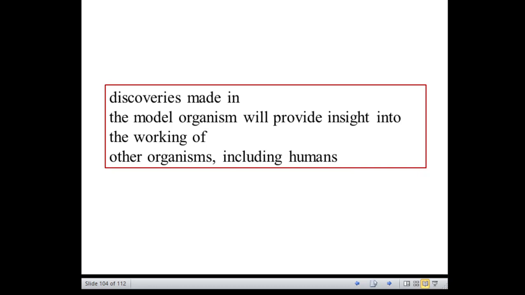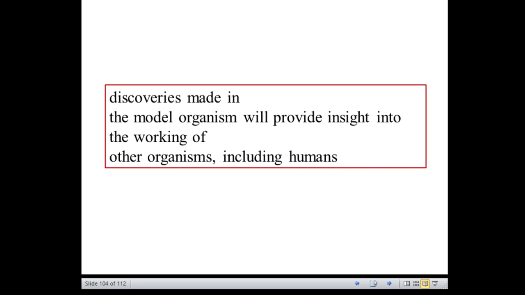Because of their developing embryos, they are easy to obtain. And in the case of frog, they're sufficiently large and they are robust for relatively easy experimental manipulation, even at later stages.